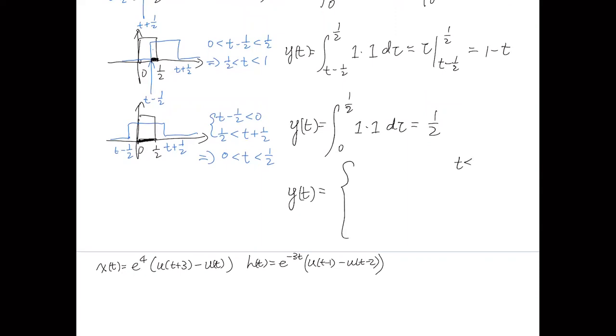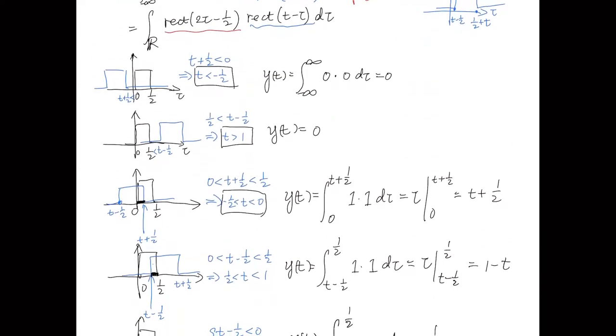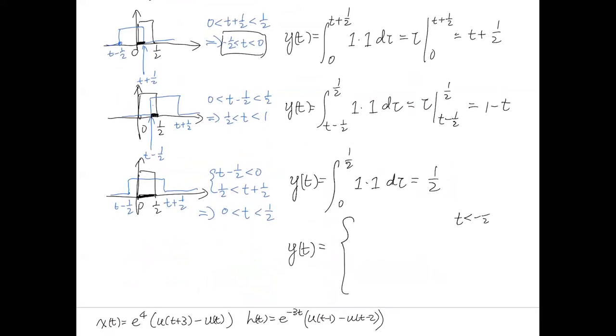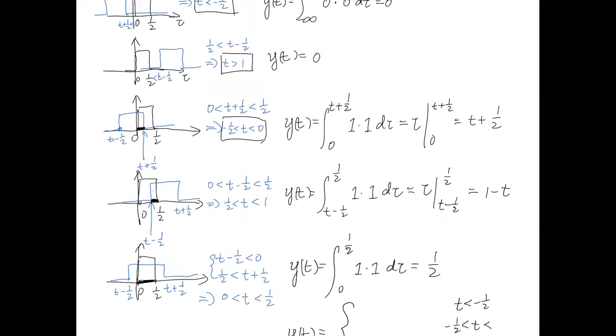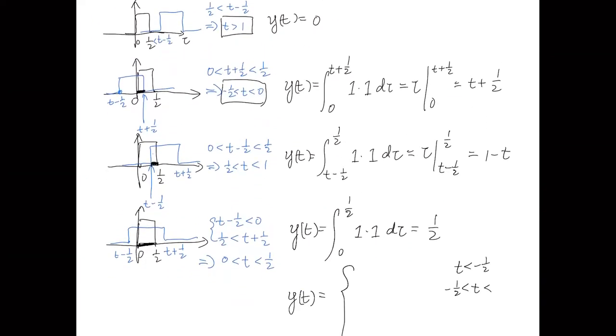So the first one is t less than negative half, right? The second one is t greater than negative half, less than 0, right?